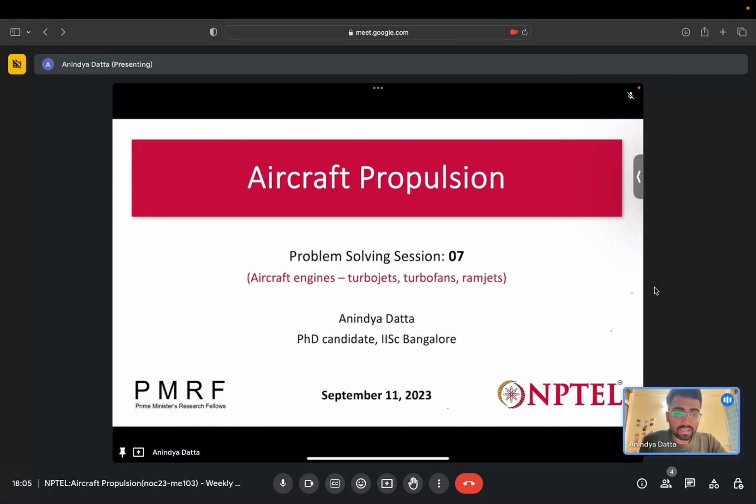Okay, so in the last class we saw how we solve problems on real cycle analysis. When we move to thermodynamic analysis for jet propulsion cycles or Brayton cycle based aircraft engines, we need to also consider one real effect pertaining to the intake, which is a diffuser.